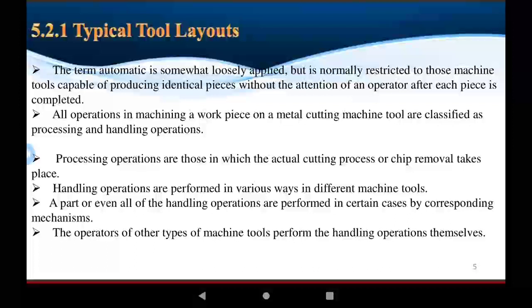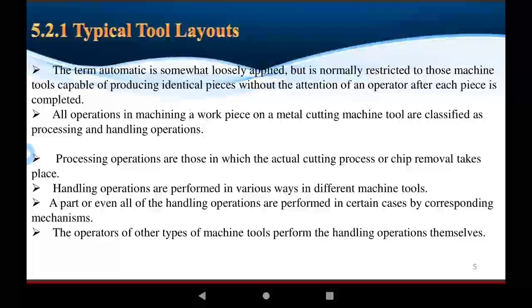Okay, the processing is which the actual cutting process and chip removal take place. Suppose small chips are cut from the metals, the metal is cut in the form of small chips, and the chips are also collected in one space in this tool room. Okay, and the metals are cut and the coolant is also provided, the small chips also with the cross of the metal also pass through the liquid coolant.